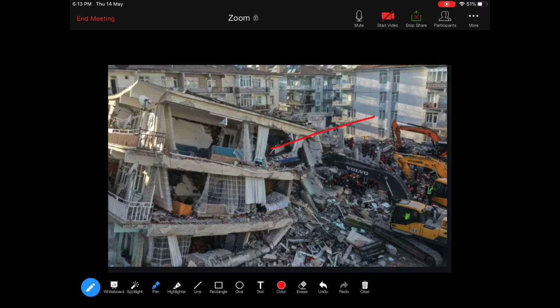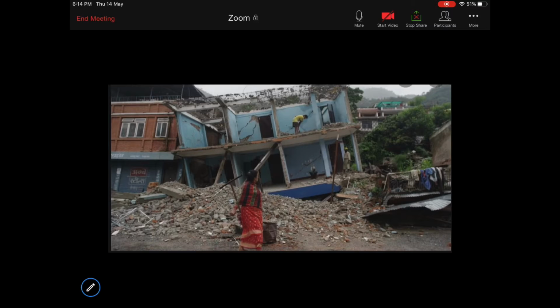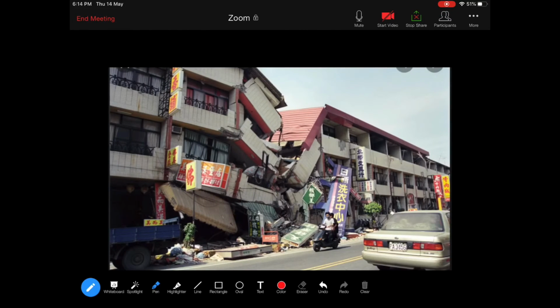So we think about both these structures: a structure is here, see here, and another structure is completely damaged. So what is the reason behind it? Why is a structure completely damaged, or why is a structure not damaged like this?